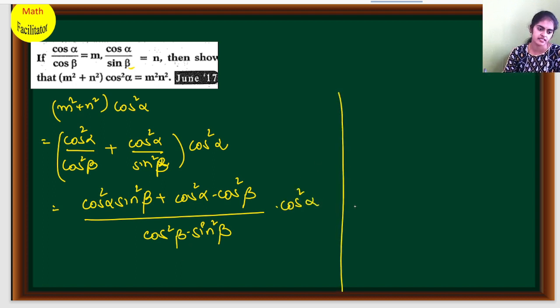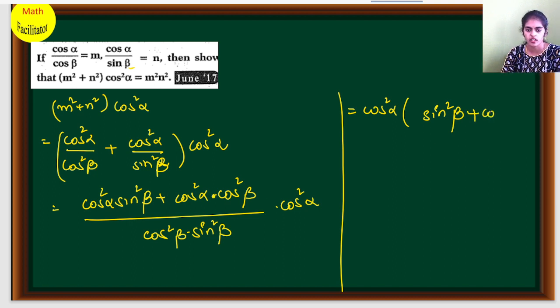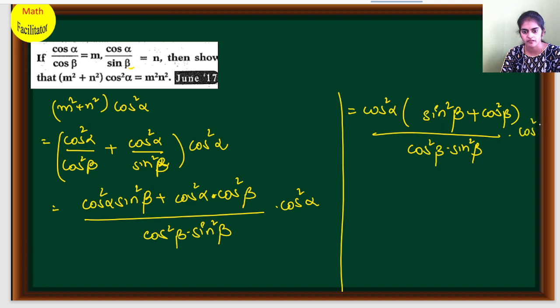The denominators have only beta. So how can we write this now? Here cos square alpha I can take common actually. So what comes is sin square beta plus cos square beta, whole divided by cos square beta into sin square beta into cos square alpha.